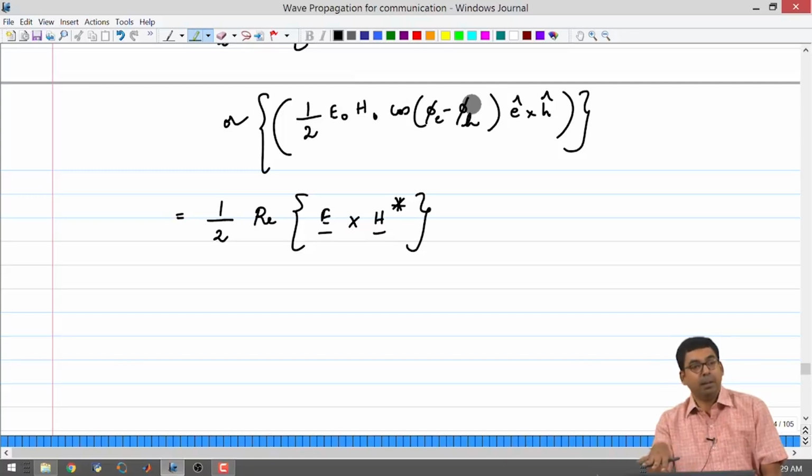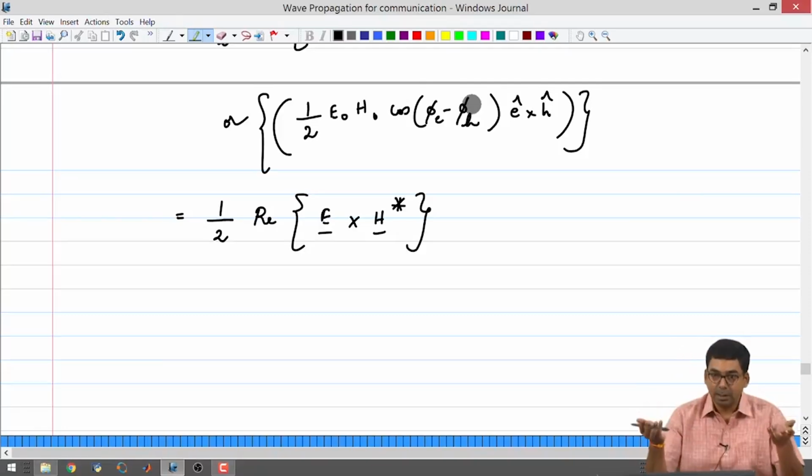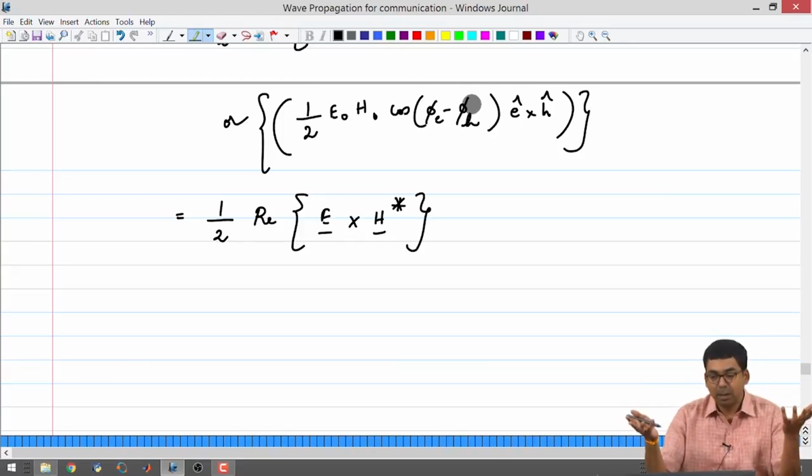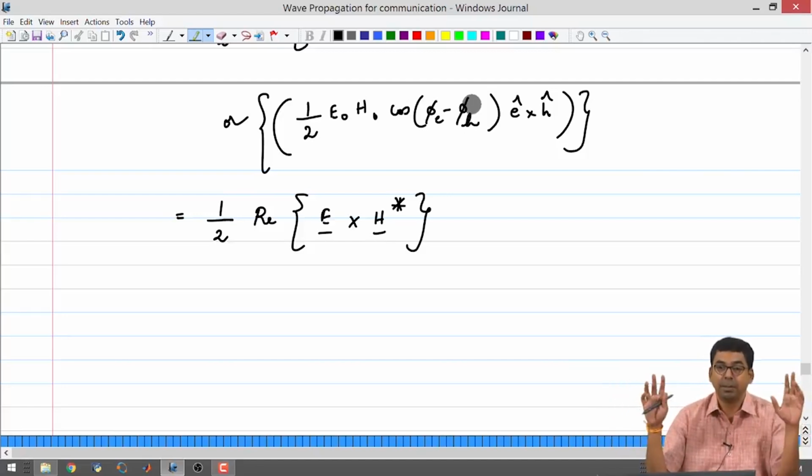You can have media in which the electric and the magnetic fields will not have any phase difference between each other. You can have some other media where the electric and the magnetic fields have some phase difference between each other. The phase difference can be positive, negative, or 0 depending upon the choice of the medium.